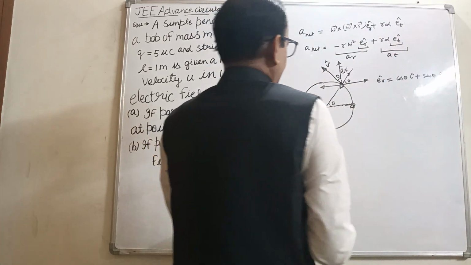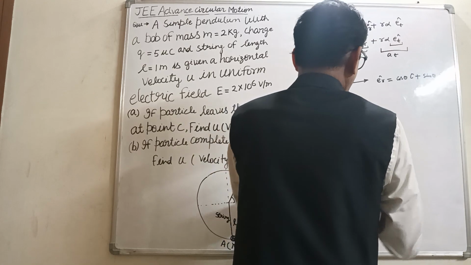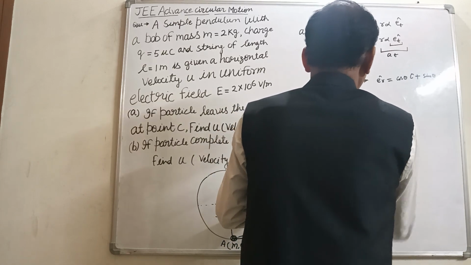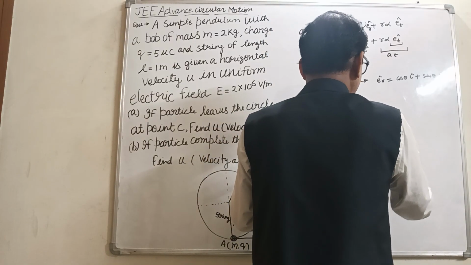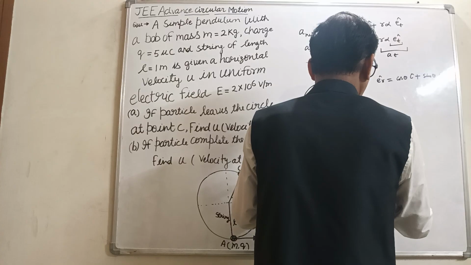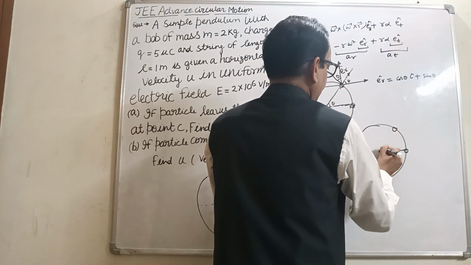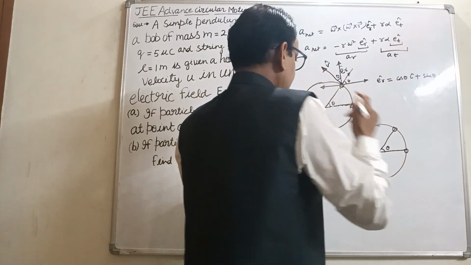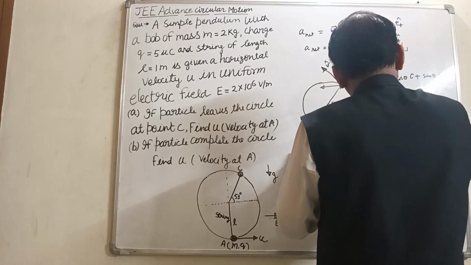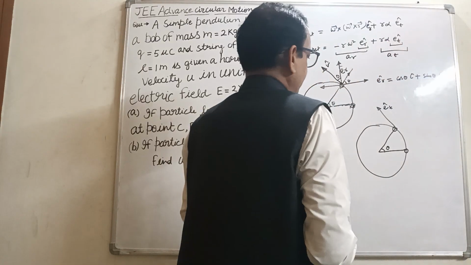This is the ER vector, and what would be the ET vector? ET cap is the tangential unit vector. Suppose this bob is here, and it moves from here to here, and the angle is theta. This is the tangential ET cap.